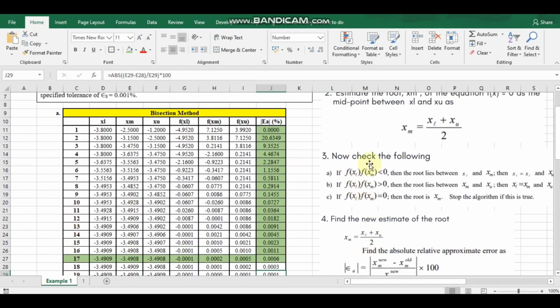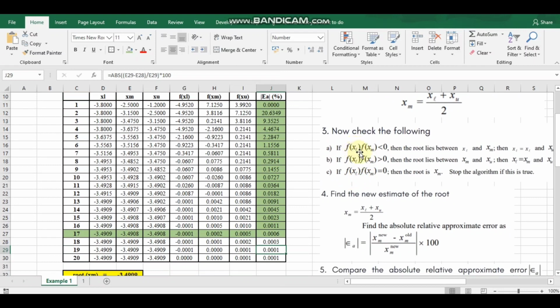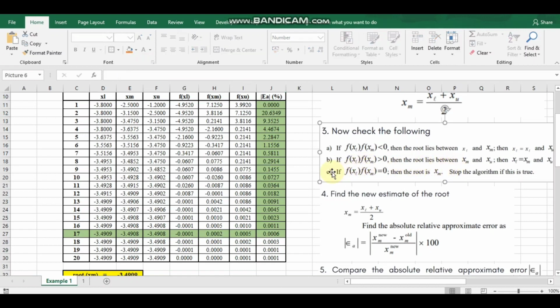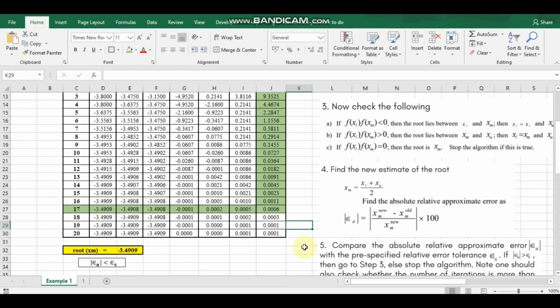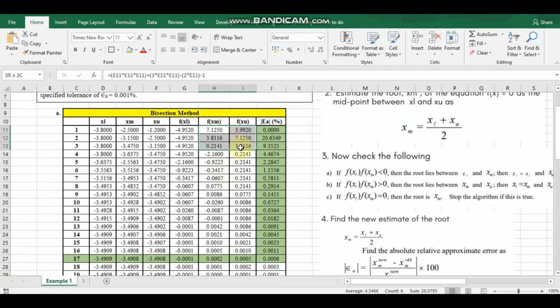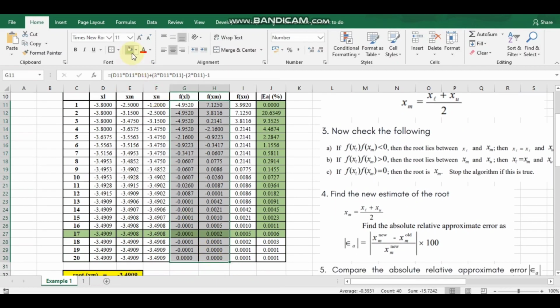We have to check on our step 3. If it is less than, we will proceed, and if it's greater than, we still need to proceed on the iteration, and if the product of f of xl and f of xm is equal to 0, then we have to stop the algorithm. As we can see, here is the list of our f of xl and f of xm. Let's highlight it.